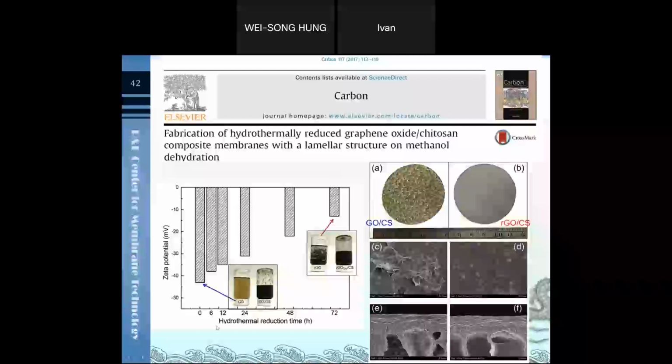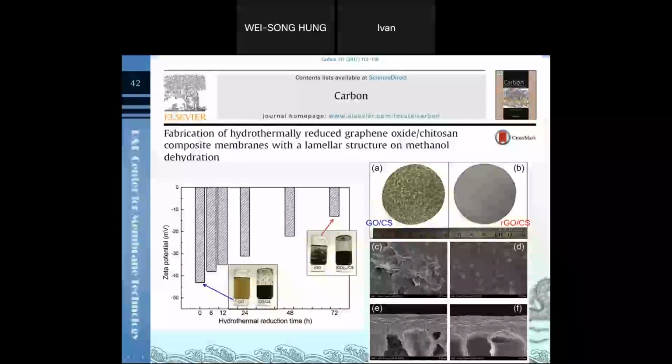But we can see the graphene oxide has good dispersion in the water, but when we blend graphene oxide with the chitosan, we form a membrane with an uneven surface. It's because we never considered the charge between them.